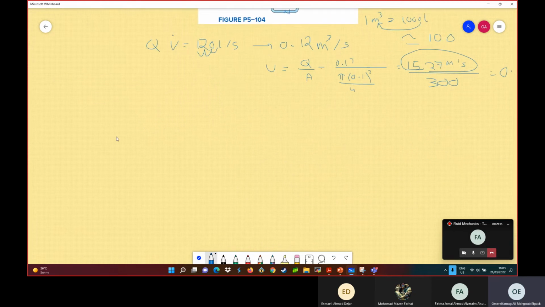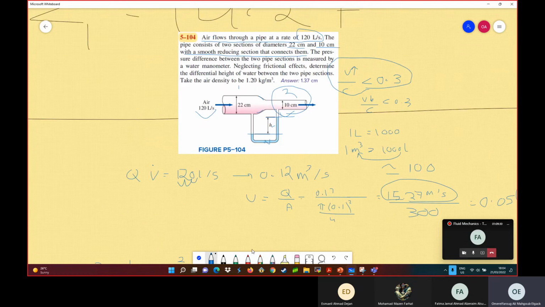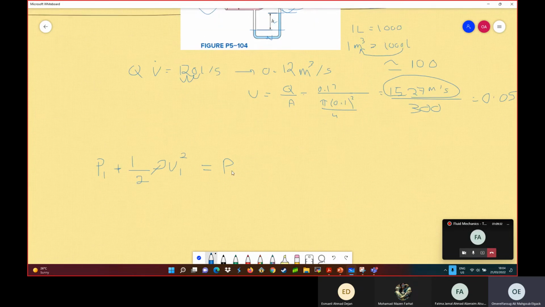So you have P1 plus half rho V1 squared is equal to P2 plus half rho V2 squared.